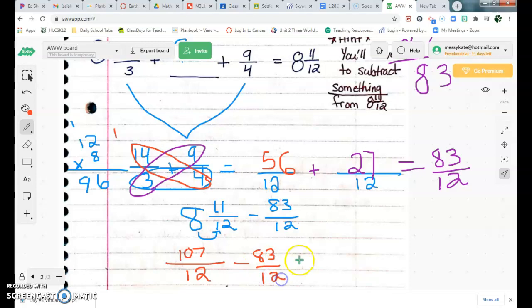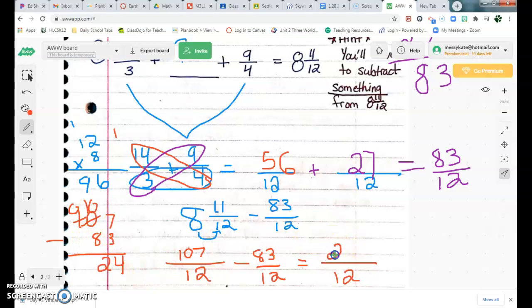I just need to do the subtraction because my denominators are the same. Bring that 12 over here. 107 minus 83. I don't know what that is off the top of my head. 7 minus 3 is going to get me 4. Make this 0 a 10. Make this 1 a 0. 10 minus 8 is 2.